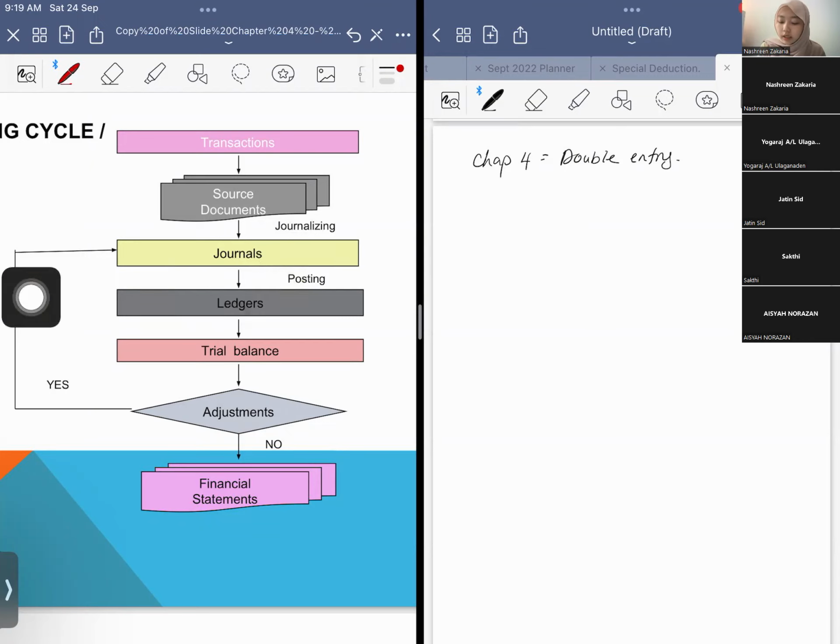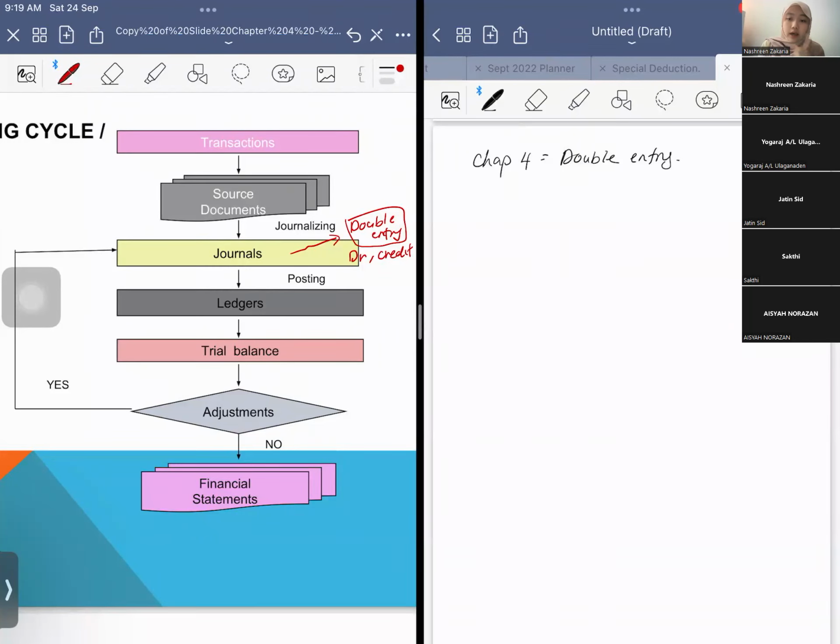Journals is actually a process of double entry, which you need to know about debit and credit. So double entry is all about debit and credit. In journals, they have to identify which accounts need to be debited and which one needs to be credited.